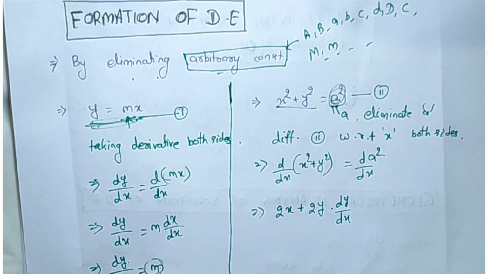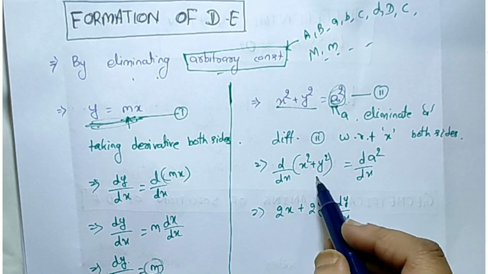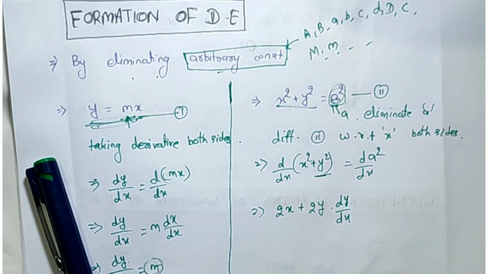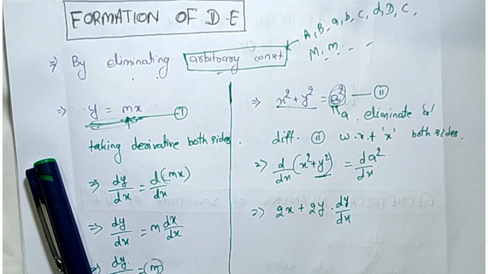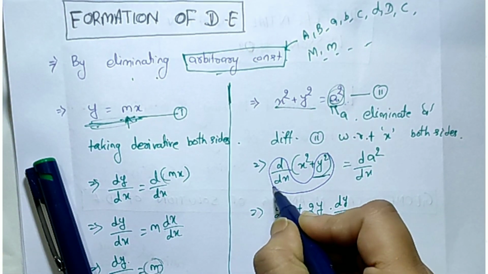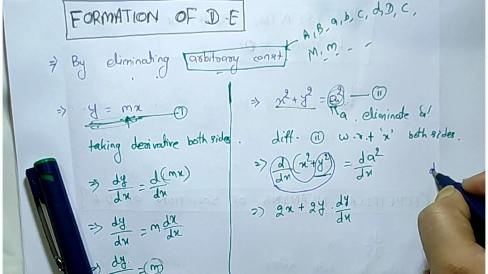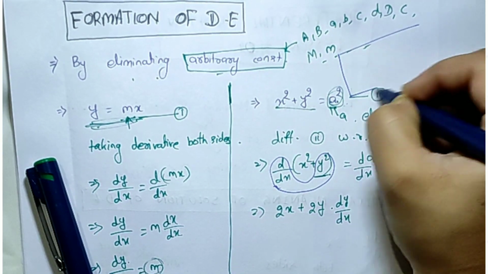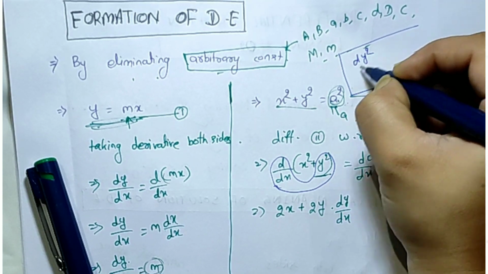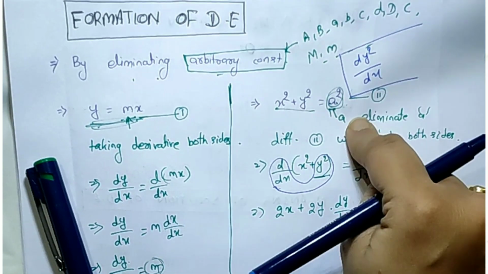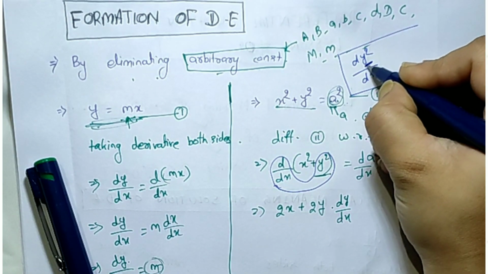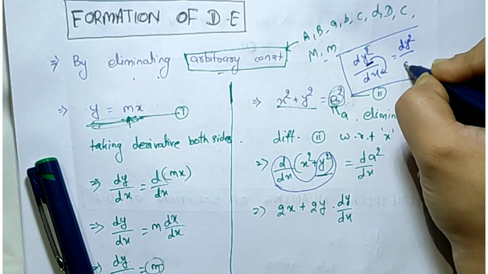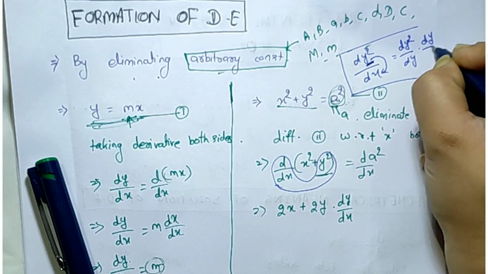We already know about the chain rule. If we want to differentiate y square, this term differentiation will be d y square by dx. But we know we can differentiate a function of y with respect to y only, which means d y square by dy into dy by dx.